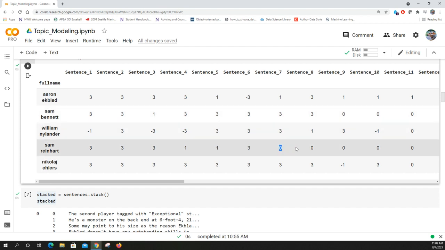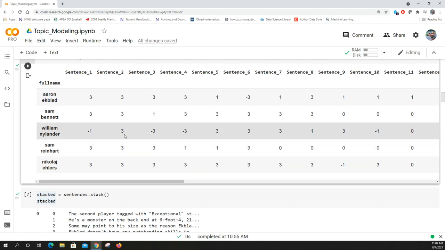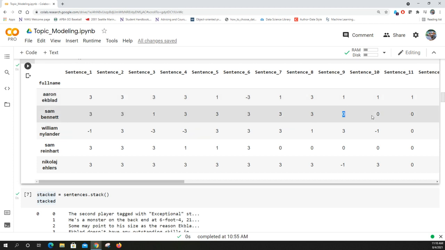And where you're seeing these zeros here, these are filler, which I plugged in, because remember, these scouting reports are not all the same length, meaning, for the purposes of keeping our data frame, we're going to have to fill in some values. So that's what these zeros are.